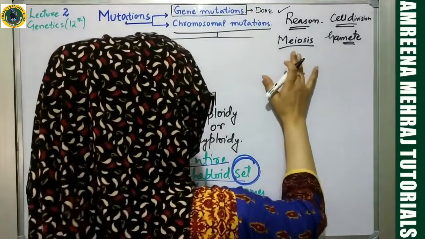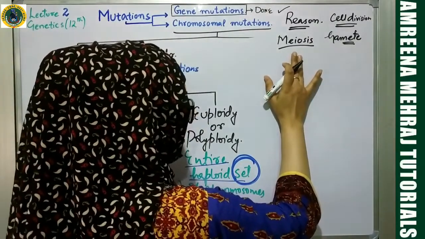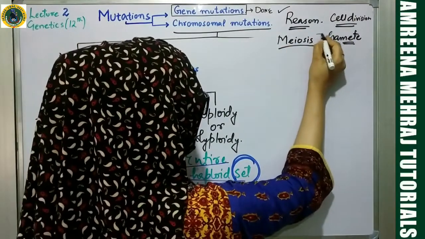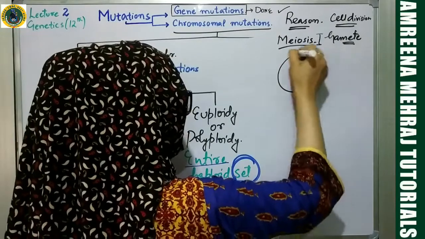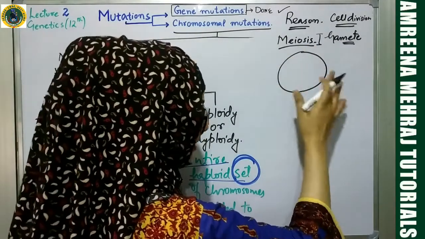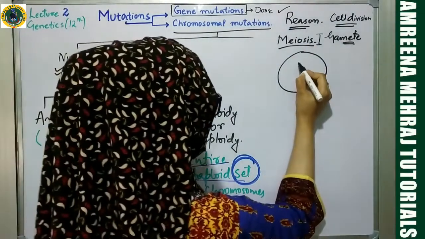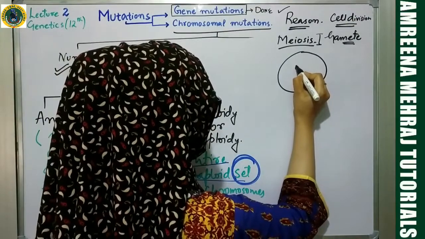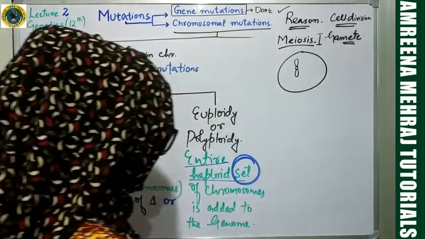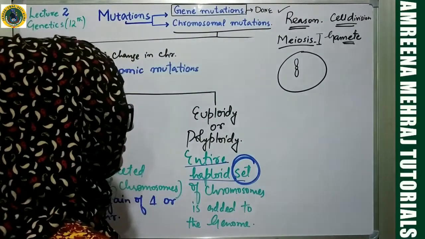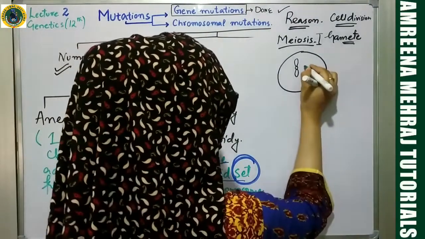Pay attention. When you talk about meiosis, my dear students, initially in meiosis 1, we have a cell which is having homologous pairs of chromosomes. Suppose I take chromosome number 1 into consideration. I'll draw chromosome number 1. How many chromosomes are present in chromosome number 1? You have 2 chromosomes.